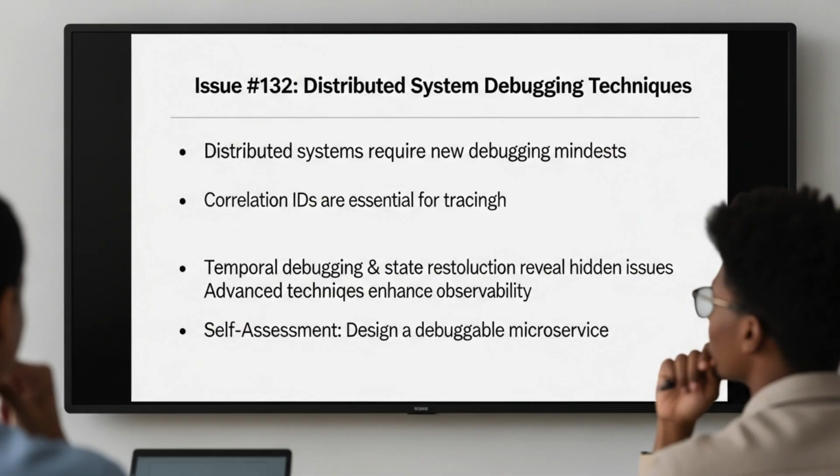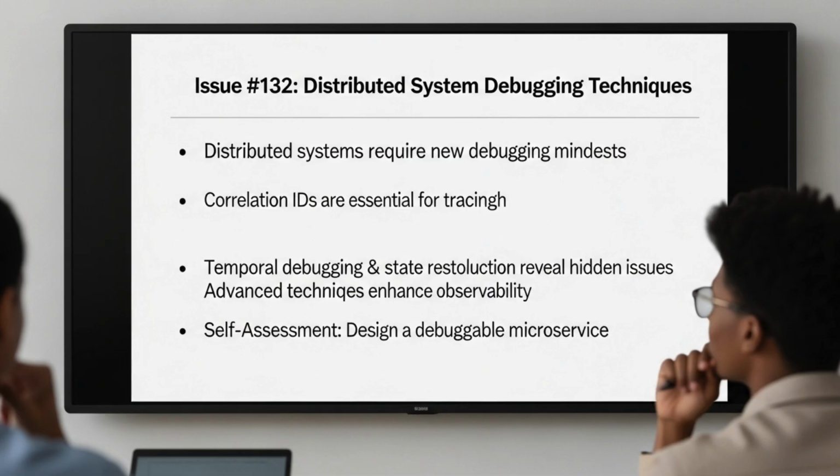We've covered a lot today, shifting our perspective on how to tackle distributed system failures. We started by identifying the unique challenges of debugging these complex systems, where bugs emerge from interactions rather than isolated components. You now understand the critical role of correlation IDs as digital breadcrumbs, tracing requests and providing rich context across service boundaries.